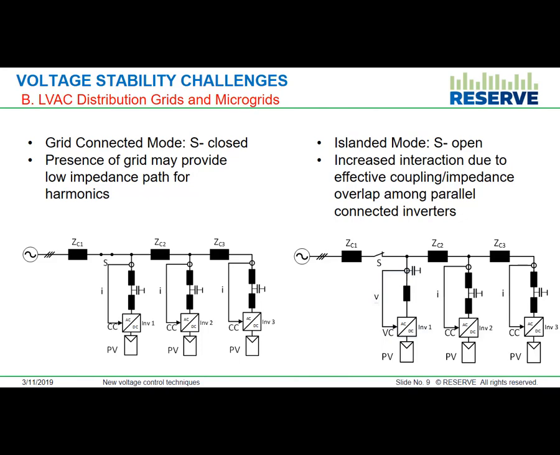They need to form the grid. So these converters operate in grid forming mode, whereas when you have grid connected mode, then all converters can just operate in current control or CC mode, as I mentioned there.